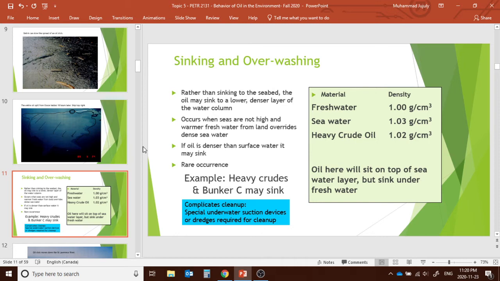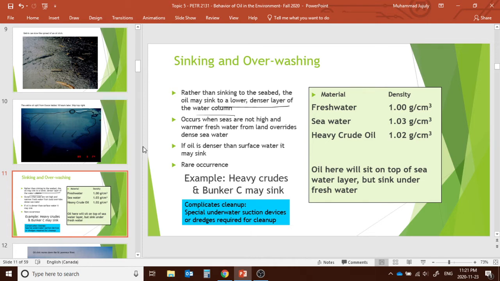Now, rather than sinking to the seabed, the oil may sink to a lower and denser layer of the water column. Sometimes the heavier oil can go under the water. As you know, the oil floats on the water because the density of oil is lower.